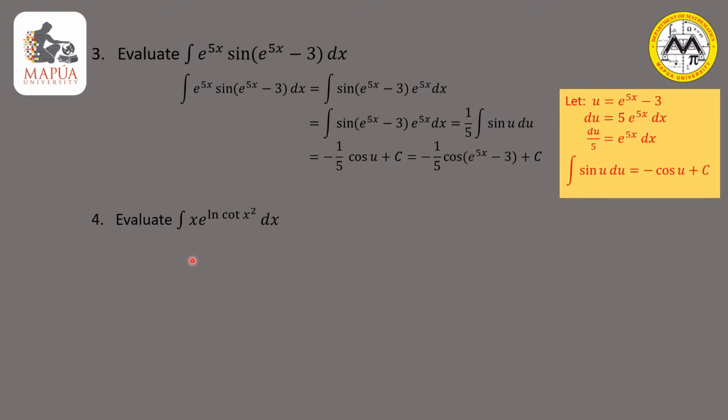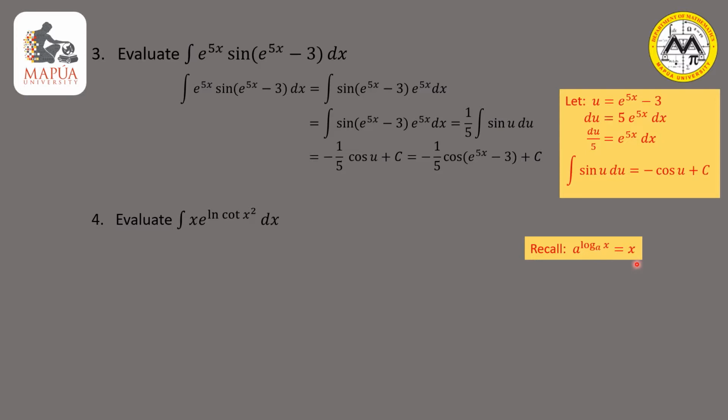Our fourth example is to evaluate the integral of x e to the natural log of cotangent x squared dx. Now, this integral can be simplified first. Recall that we have this rule for logarithms: a to the log of x to the base a is equal to x.